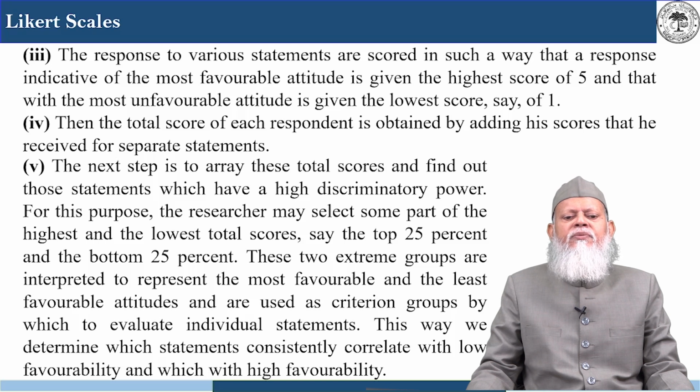These two extreme groups are interpreted to represent the most favorable and least favorable attitudes and are used as criterion groups by which to evaluate individual statements. This way, we determine which statements consistently correlate with low favorability and which with high favorability.